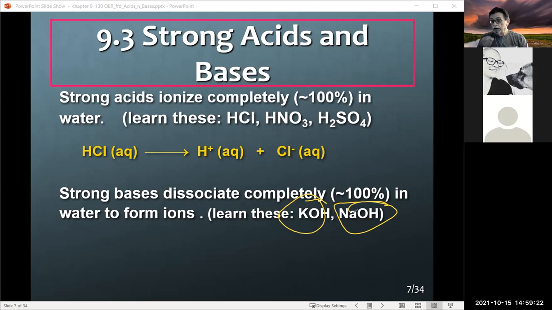We're going to learn the reason these ionic compounds are 100% strong is because of their solubility in water, they're soluble in water. We have solubility rules, which are on your periodic table. We're going to learn about those. When something is soluble, it dissociates 100%. Okay. Sodium, potassium hydroxide, soluble, 100% dissociation.